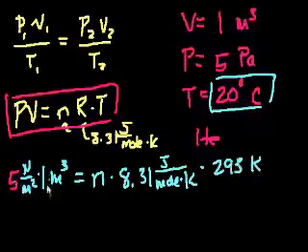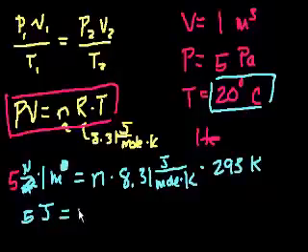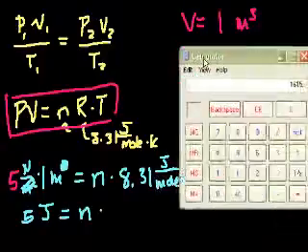So let's see. I get 5 times 1, and meter squared, meters cubed, this cancels out. This just becomes a meter. Newton meters, joules. 5 joules is equal to N moles times 8.31 joules per mole Kelvin. Well, this Kelvin and this Kelvin cancel out. So 8.31 times 293.